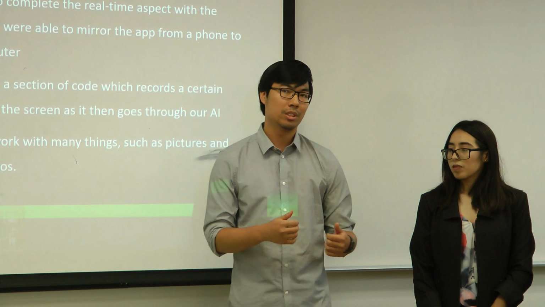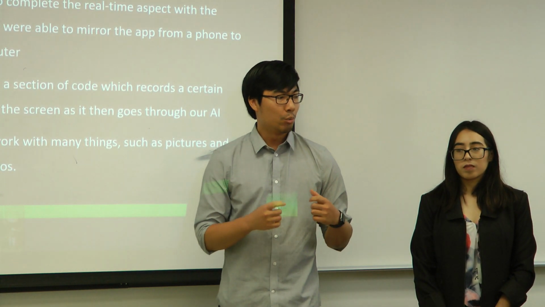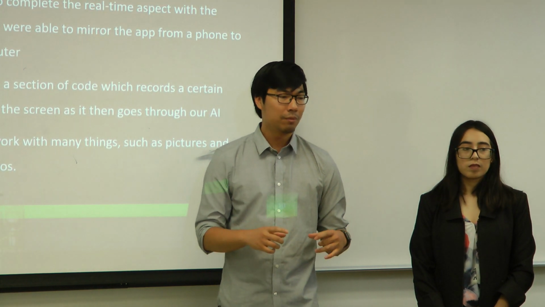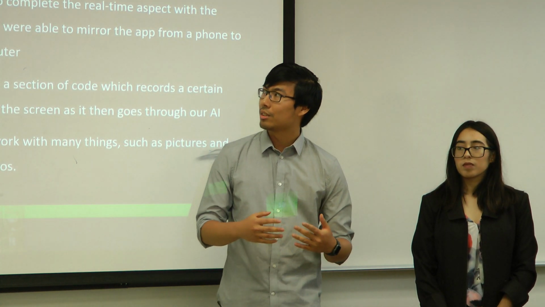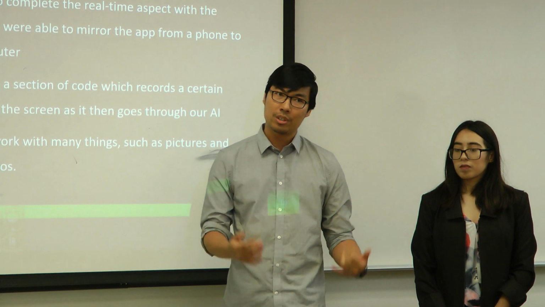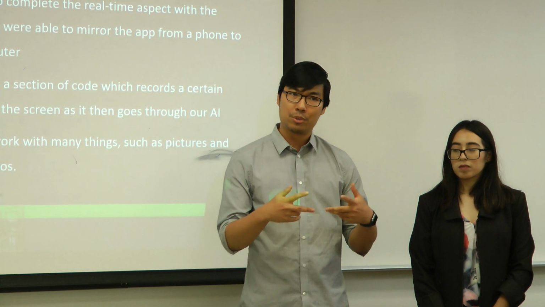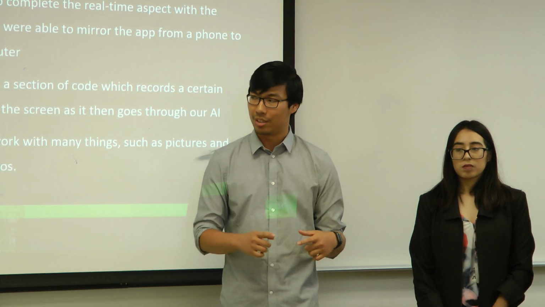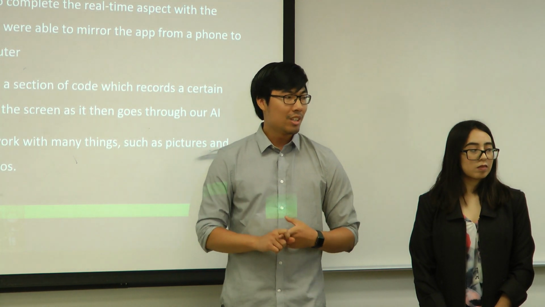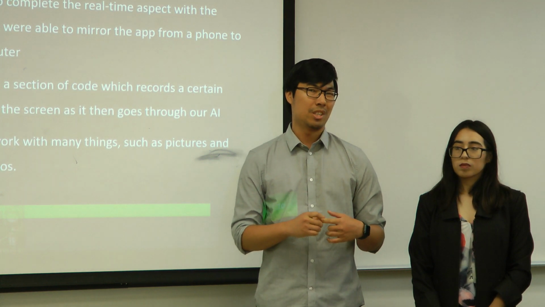It's only on the phone, because that's how you control the drone. So we mirrored the app from the phone to the computer, and on the computer our AI runs screen capture code that captures the mirrored part of the phone, which then processes through the AI.